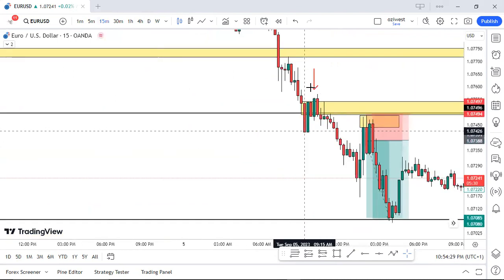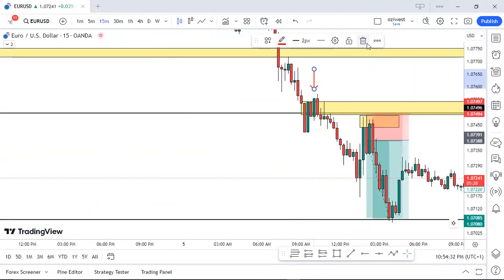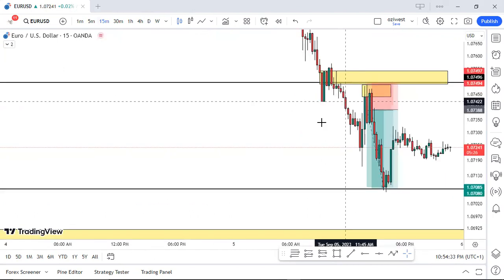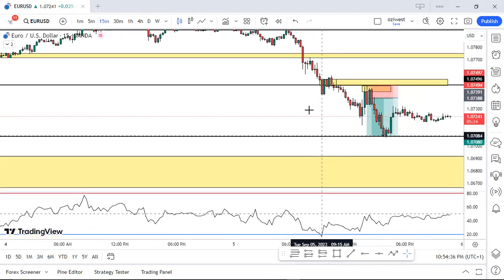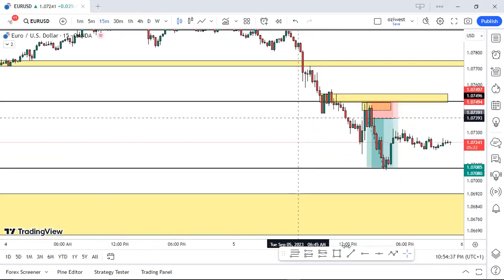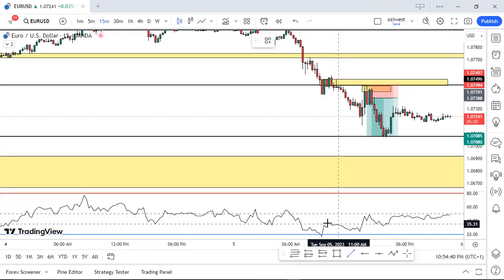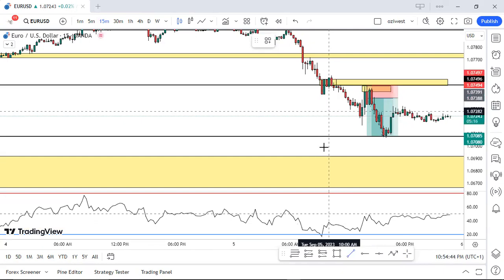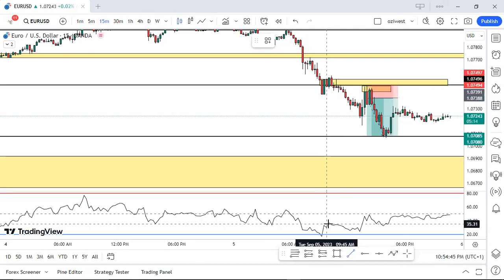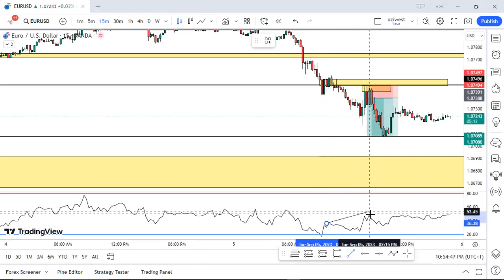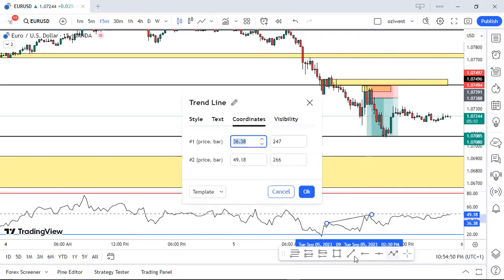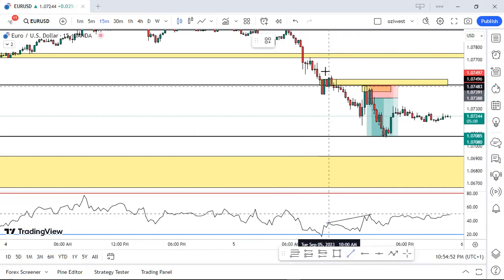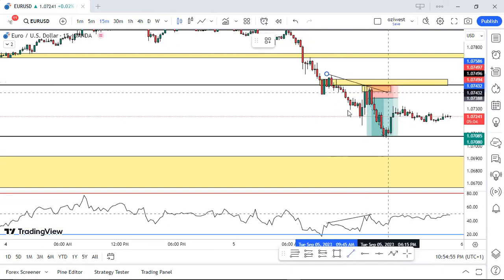And also, if you look at the RSI, you notice we also had a bearish hidden divergence here on the RSI, as you can see, if you follow through here. Price was forming higher highs on the RSI, but on the candlestick, price was forming lower highs.